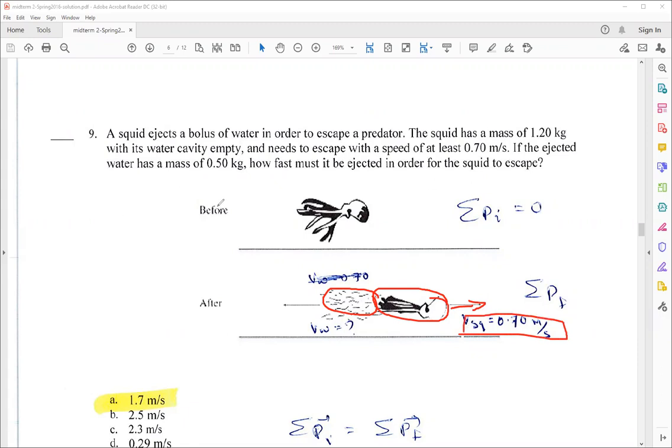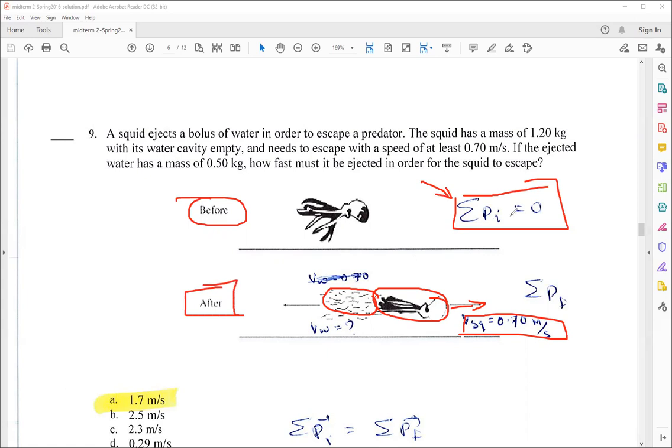Okay, so this is before the squid escapes. Nothing is moving. And here, when we talk about collisions or problems like these, throwing something or ejecting something, we look at the conservation of linear momentum before the event happens, either throwing or ejecting, etc., and after it happens.